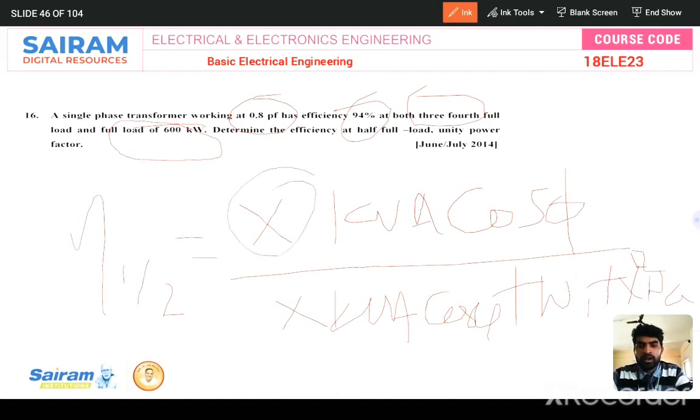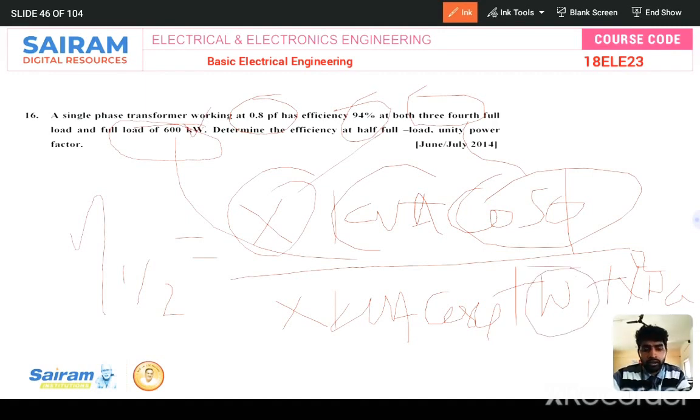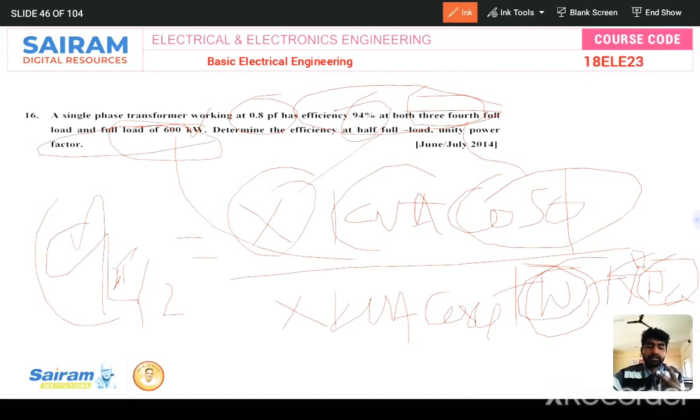This is known value, half load or full load, and power factor is also known, unity power factor. kVA is given 600, not kilowatts, keep it in your mind, that is kVA. And iron loss we don't know, and copper loss we don't know. We need to calculate, right, by using this 3/4 of load and then full load equations. Just to substitute here 94%, you can calculate Wi and WCU, you will get two equations. Directly you can solve the problem.